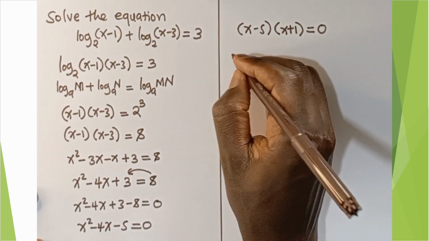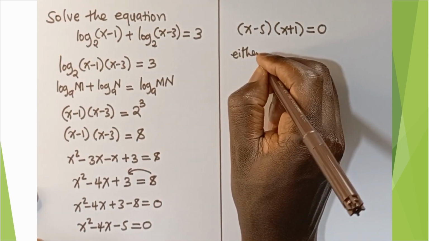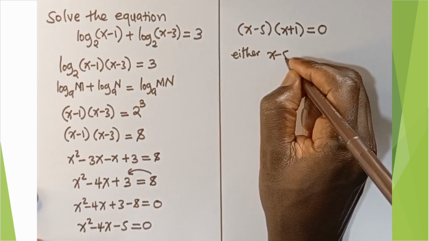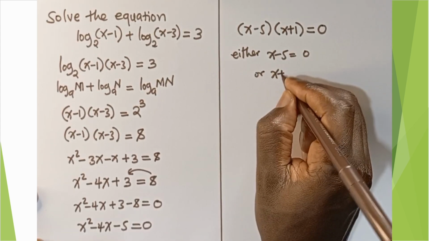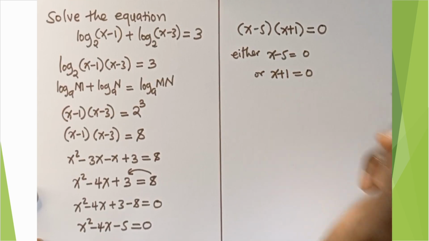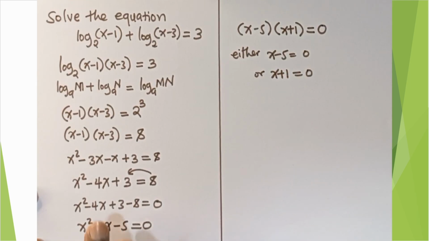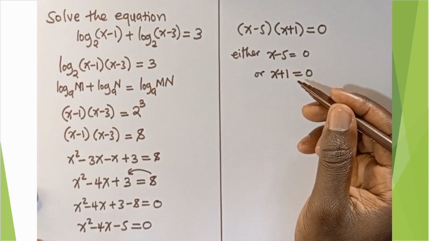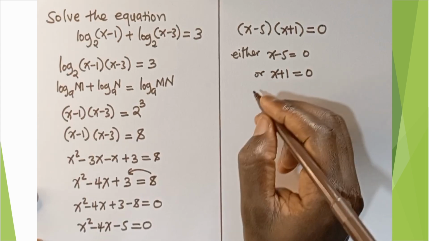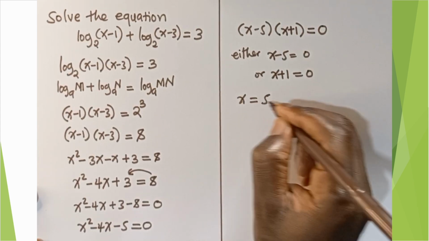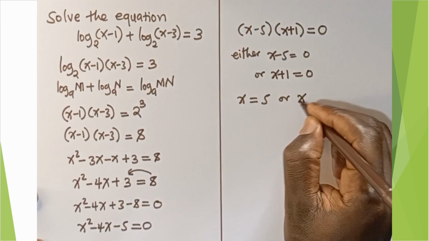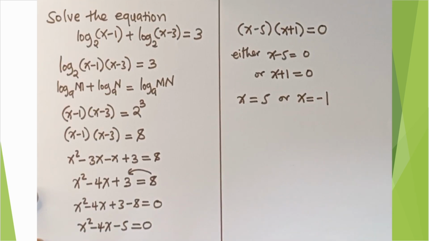So we say either x minus 5 is equal to 0 or x plus 1 is equal to 0. So when we get the values, by doing the necessary manipulation, we have x as 5 and also x as negative 1.